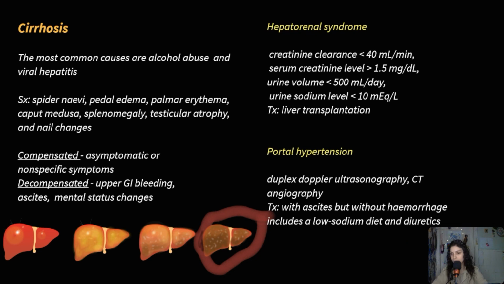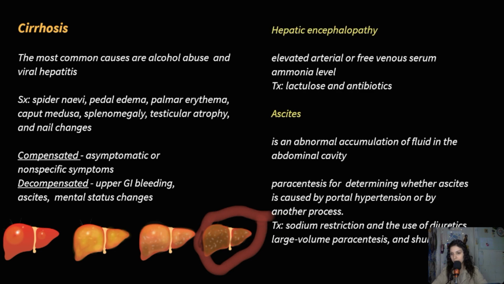Next is hepatic encephalopathy, with an elevated arterial or free venous serum ammonia level, and treatment is lactulose and antibiotics.